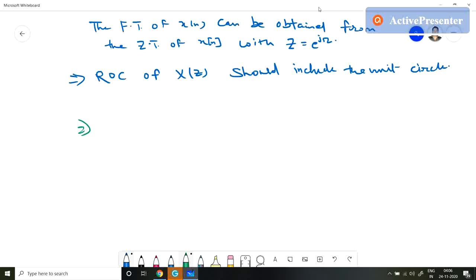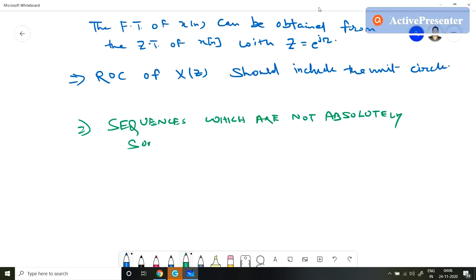So if we have sequences which are not absolutely summable, the Fourier transform from the Z transform is not possible.